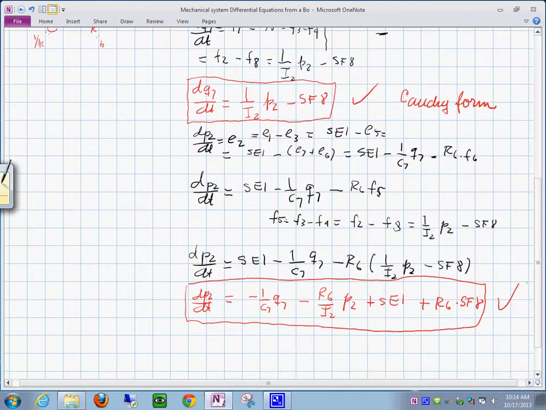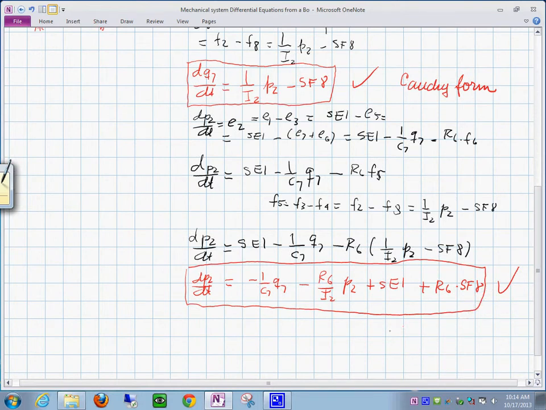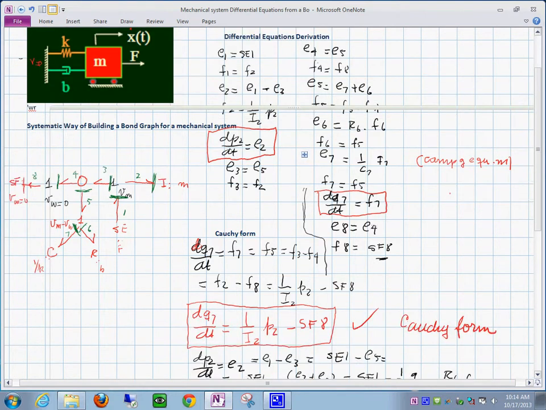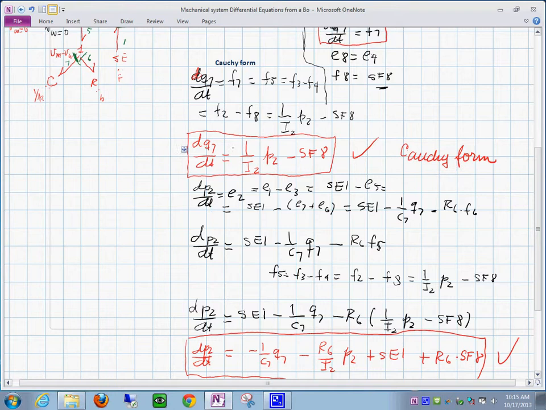But this form is used by the CAMG symbolic file. Okay, we can see that in a demo in the future, but my point here was how we go from this bond graph to the individual constitutive equations, which in fact are an entire system of equations perfectly fine for simulation, to two expressions in the Cauchy form, which would be the simplified equations of the system.